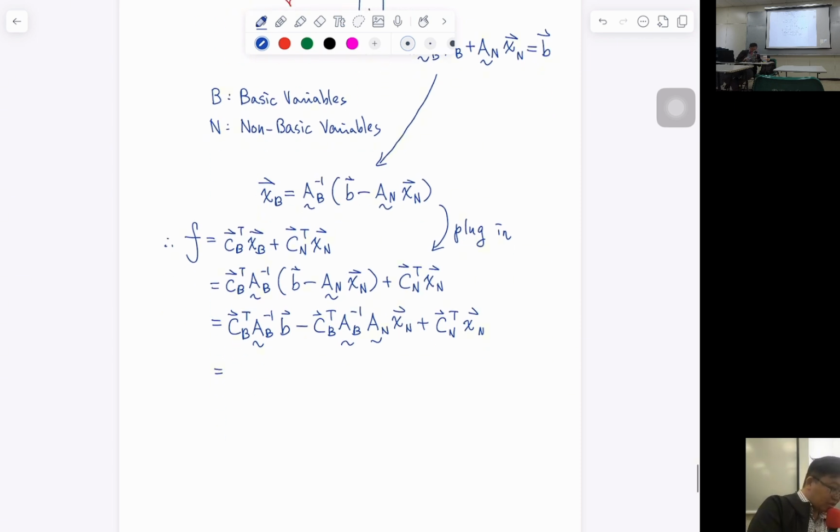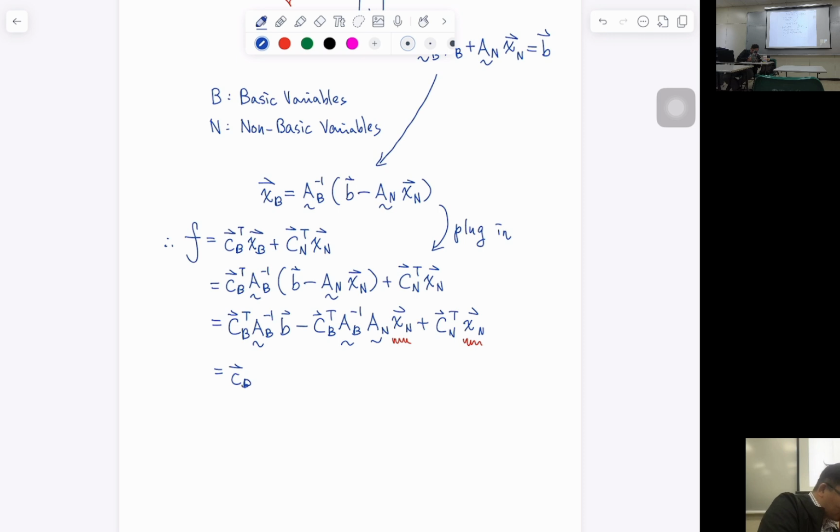How do we collect? We realize in your objective function there are a bunch of constant values. C is a vector of constant values. Small b is also a vector of constant values. Capitalized A is a matrix of constant values. So the only thing that could be changing is actually xn. So let's just collect them and put them together.